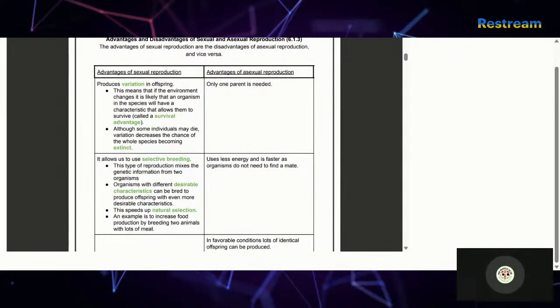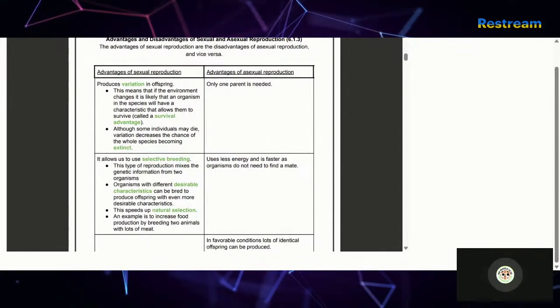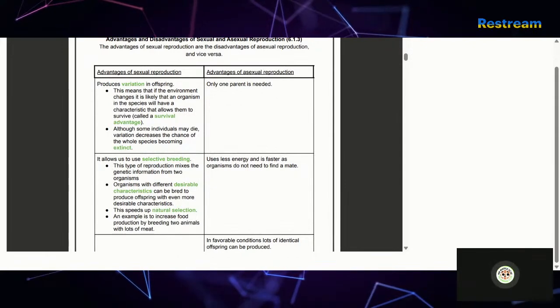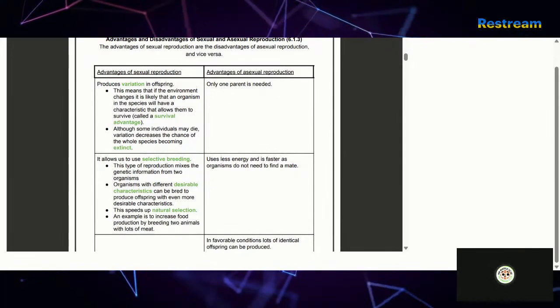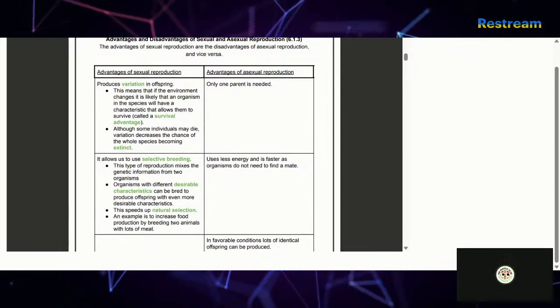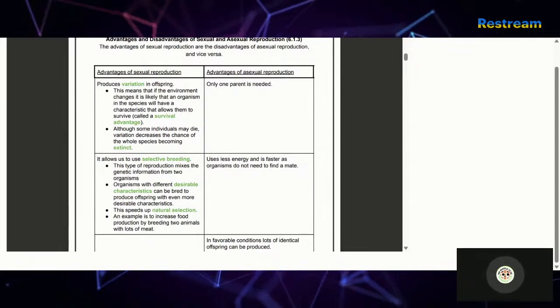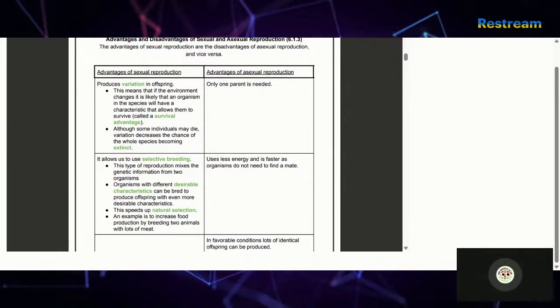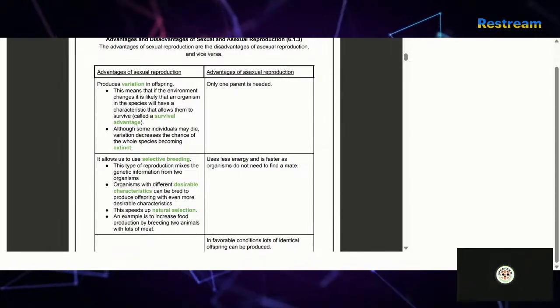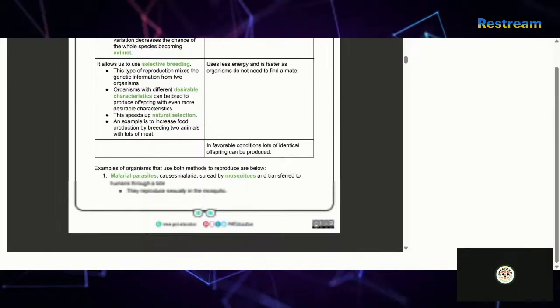It also ensures that organisms with different desirable characteristics can be bred to produce offspring with even more desirable characteristics. And it also speeds up the process of natural selection. The advantages of asexual reproduction are that there's only one parent. It uses much less energy, it's much faster, and in favourable conditions, lots of asexual reproduction can occur.